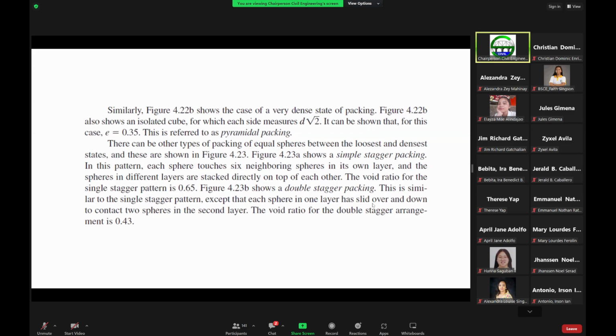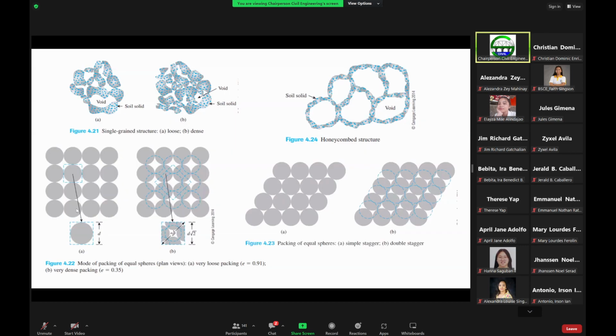Okay, so in this configuration, the void ratio is equal to 0.43. Okay, so if we go back here, in this arrangement the void ratio is 0.35, and in this arrangement the void ratio is 0.43.